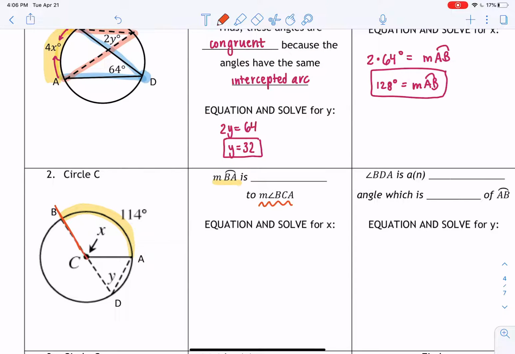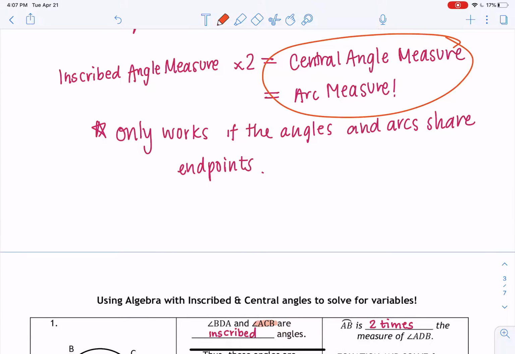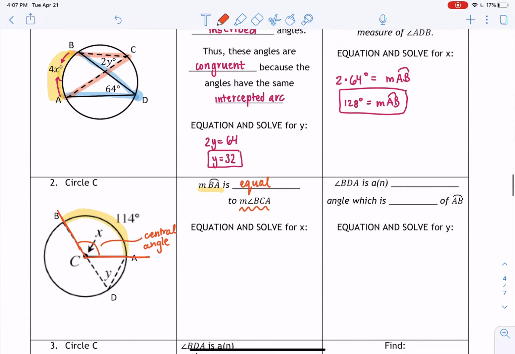BCA is a central angle. Central angles, we said earlier, are equal to their arc measure. So this is equal to the measure of angle BCA. So x is equal to 114. And we're done.